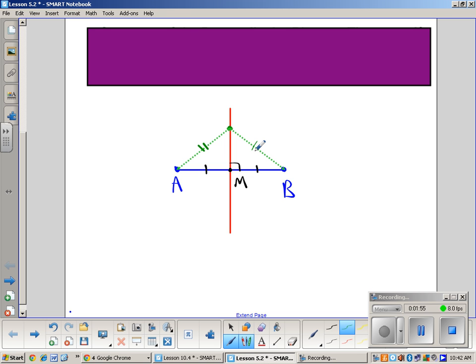Now I can move that point wherever I want it. I move that point down to here if I want. And so this distance is going to equal this distance.